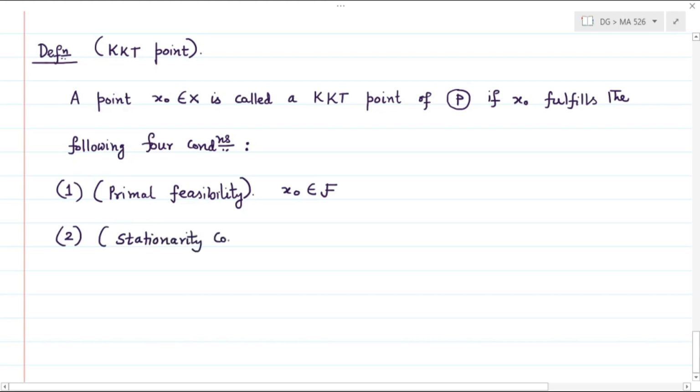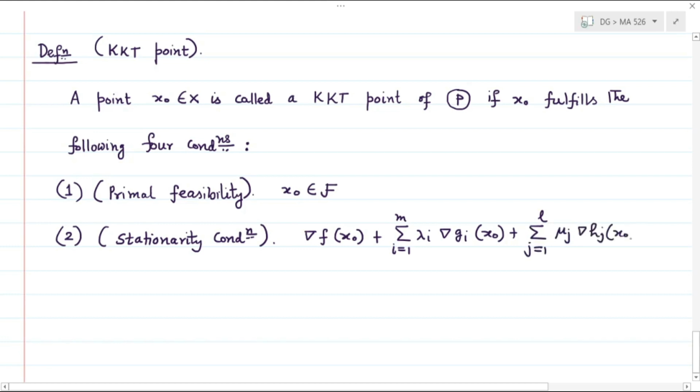Stationarity condition, that is, you have grad f(x0) plus summation i equals 1 to m lambda_i grad g_i(x0) plus summation j equals 1 to l mu_j grad h_j(x0) equals the null vector, for some lambda_i greater than or equal to 0 for all i and mu_j belonging to the real numbers. Mu_j is unrestricted.